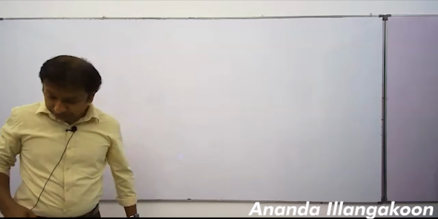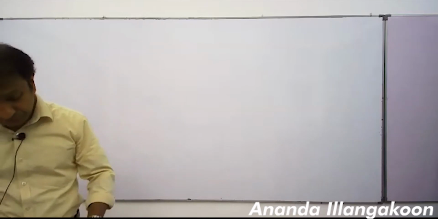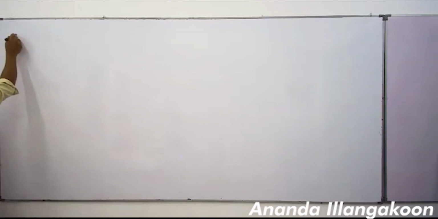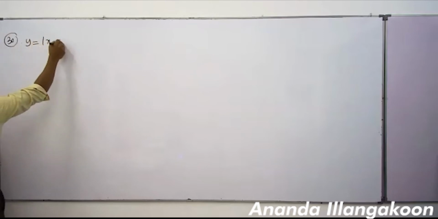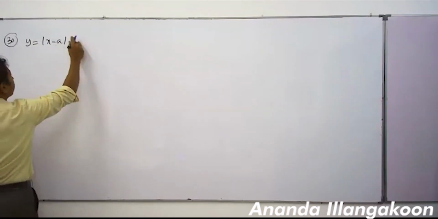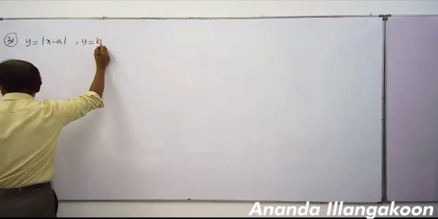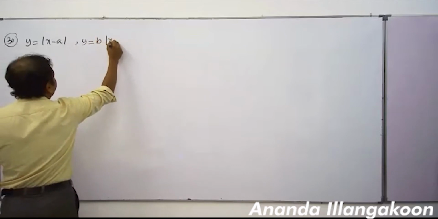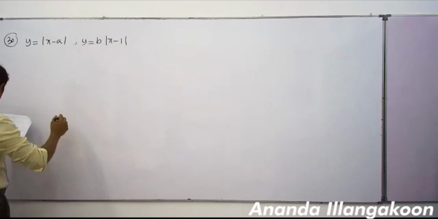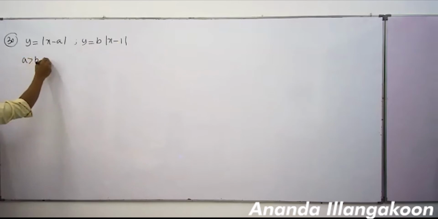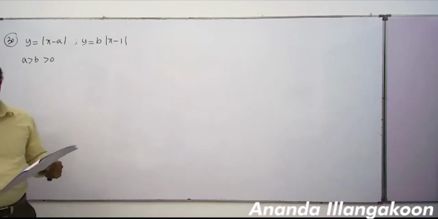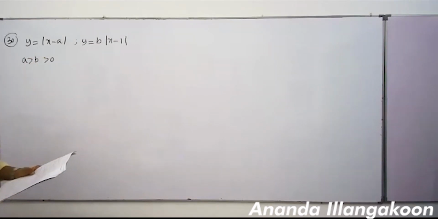Right. Question number 30, given here's the graph of y equals mod x minus a and y equals b times mod x minus 1. Here a, b positive, a greater than b, b not equal to 1.